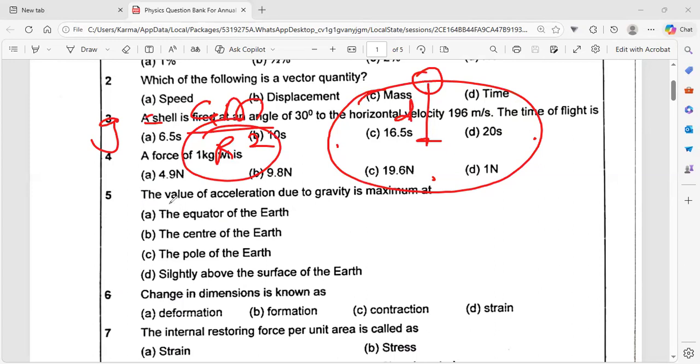For depth, I think it is GM upon r minus d the whole square or something; I forgot the derivation. As you are close to the center of the Earth, the gravitational acceleration is max. So at the polar regions, compared to the equatorial region, the gravitational acceleration is max.